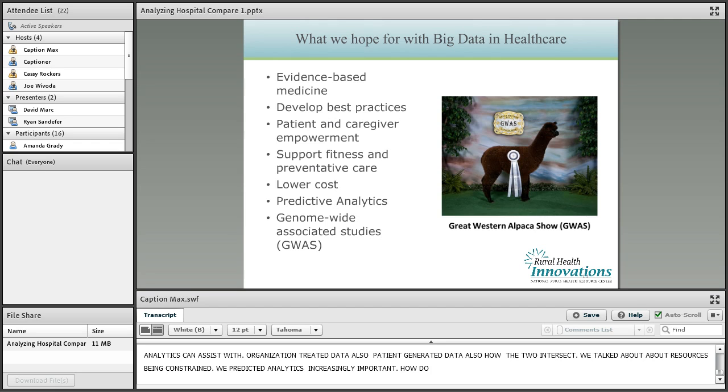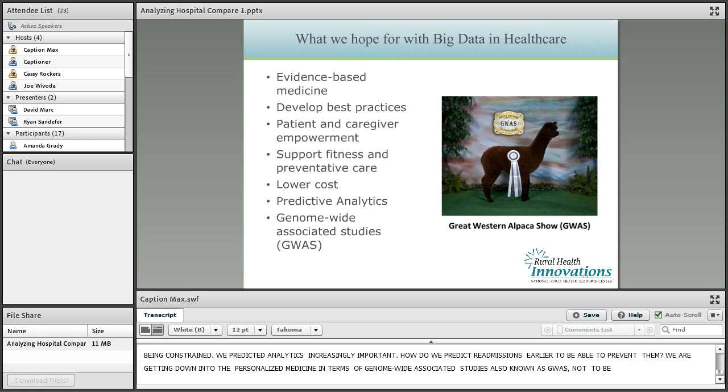We know that we can develop best practices, both at the smaller and local level, as well as the population level. We know that this can drive empowerment, both in terms of best practices among organizations and with patients. We know that there's a lot of preventative work that analytics can assist with.